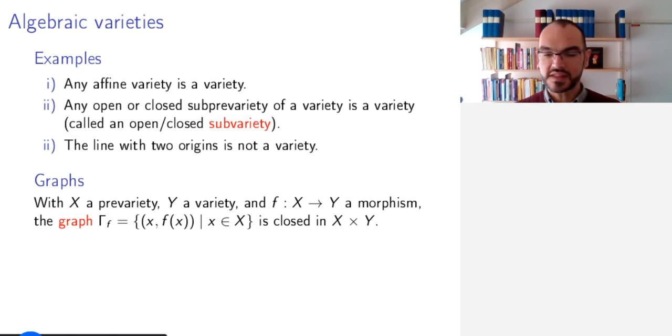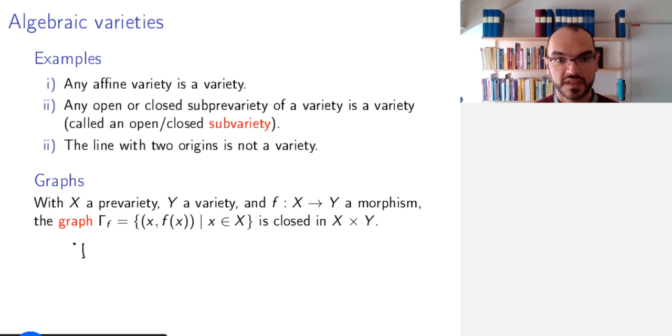With varieties, we can perform some constructions. So if we have a pre-variety x and a variety y and a morphism between them, we can look at the graph of this morphism. This is the set of all pairs (x, y), where y is f of x. The claim is that this is closed in x times y. Why is that?